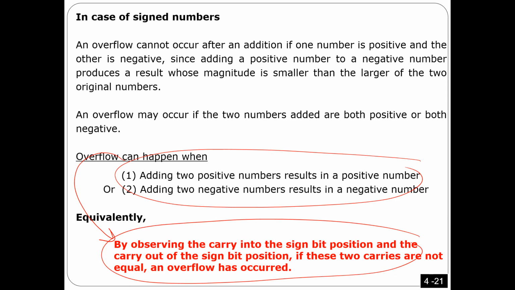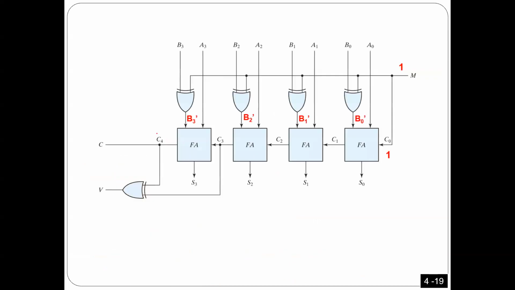I'm going to prove that to you. What I'm saying is that these 2 rules are equivalent. The sign bit is here. I'm going to look at the carry coming into the sign bit and the carry getting out of the sign bit, the last bit here. So if I want to know if there is overflow or not, I need to look at this carry, and also at this carry.